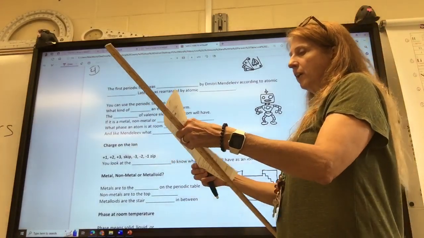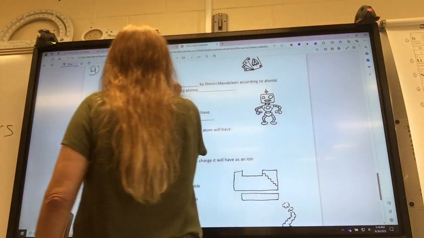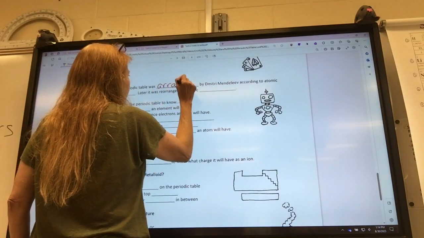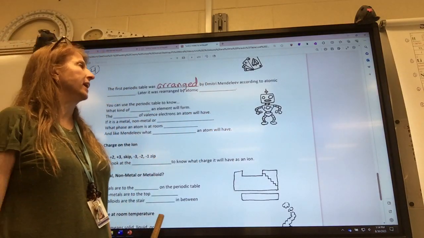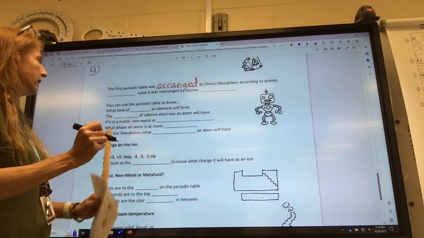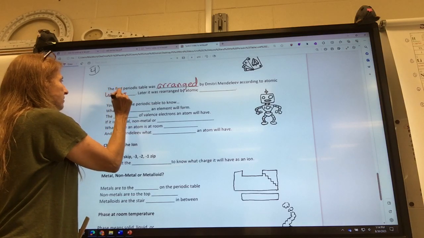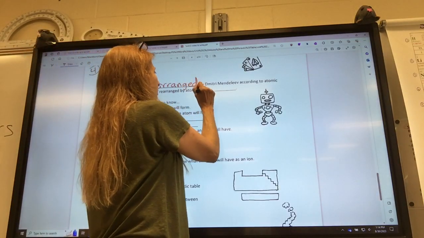The first periodic table was arranged by a Russian guy named Dmitry Mendeleev, according to atomic weight. Later, it was rearranged by atomic number.